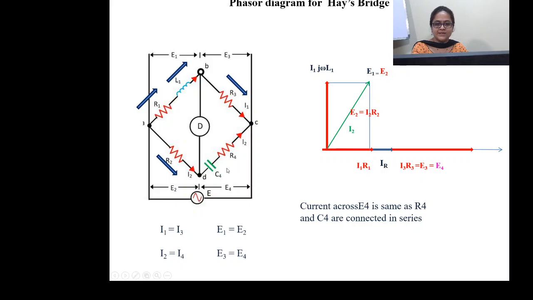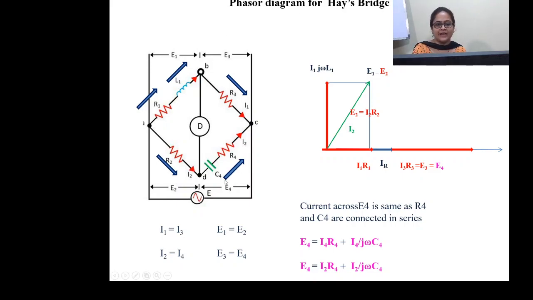Now let us move towards the fourth branch. The current across R4 and C4 is the same, as they are connected in series. So current will be same, but voltage E4 will be denoted by I4 R4 plus I4 upon j omega C4, or E4 is equal to I2 R4 plus I2 upon j omega C4. It is one and the same thing because I4 is equal to I2.